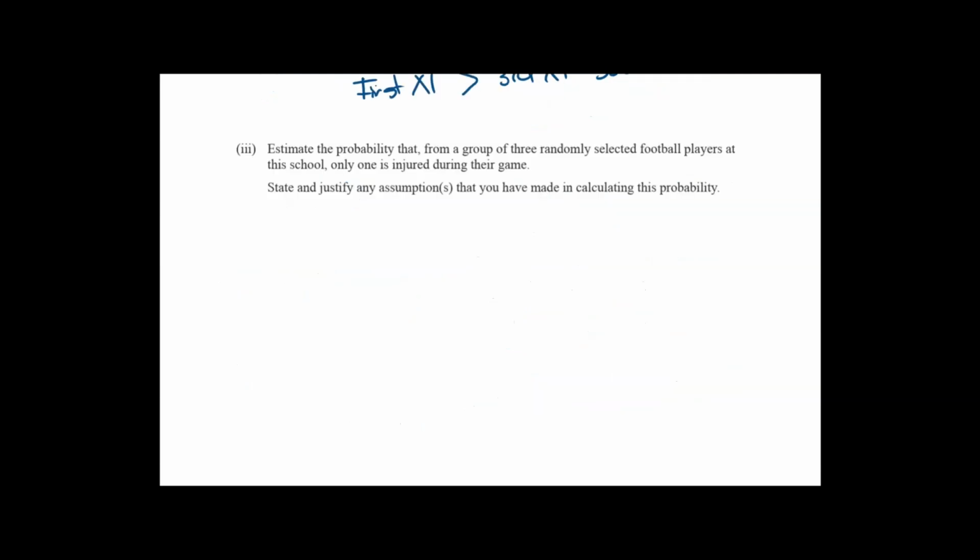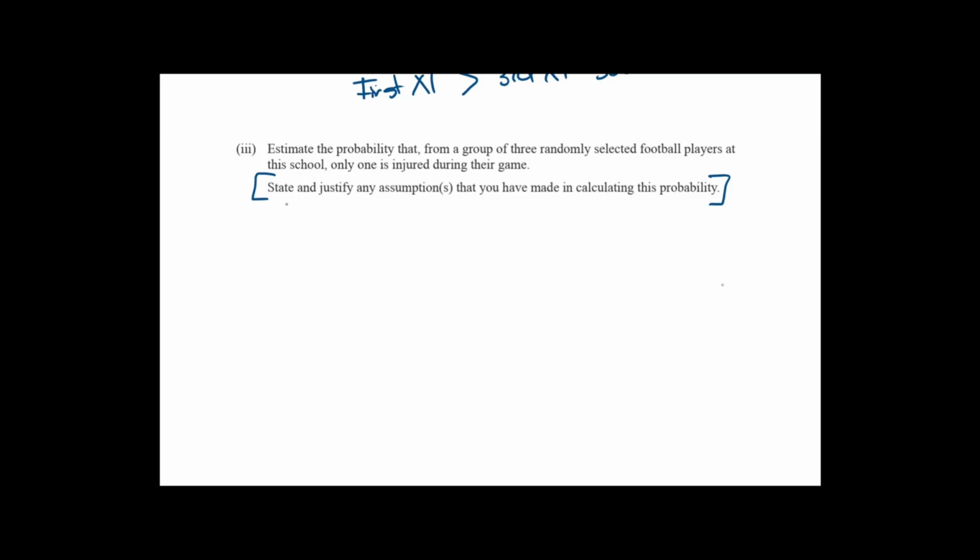So the last part of question 1 is an interesting question. Let's say: estimate the probability that from a group of 3 randomly selected football players, only one is injured during this game. State and justify any assumptions that you have made in calculating this probability. Interesting way they put this here, because there are 3 different ways of answering this question.